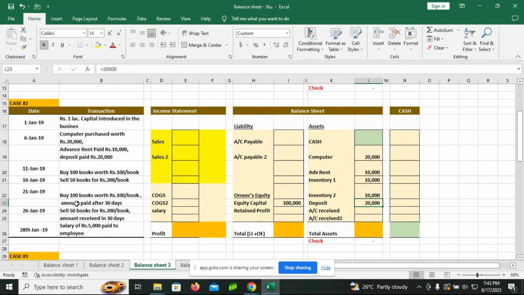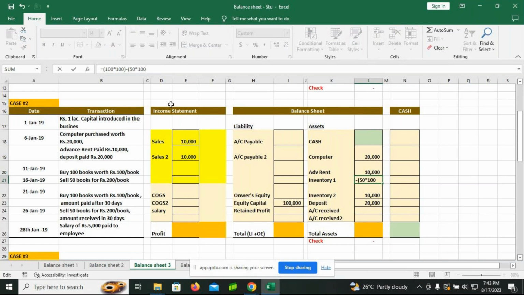The first time when I bought the books, I sold 50 books worth rupees 200. So here I'll show the sales 50 into 200. Again sold 50 into 200, so 50 books at the rate of 200 rupees. For inventory, I need to show the cost of goods sold, minus 50 into 100.